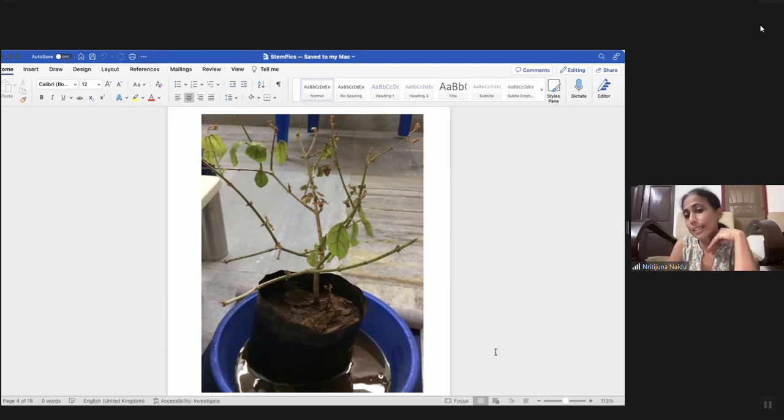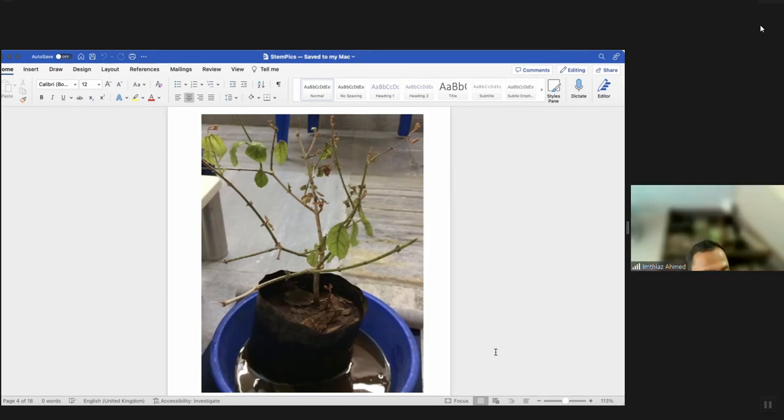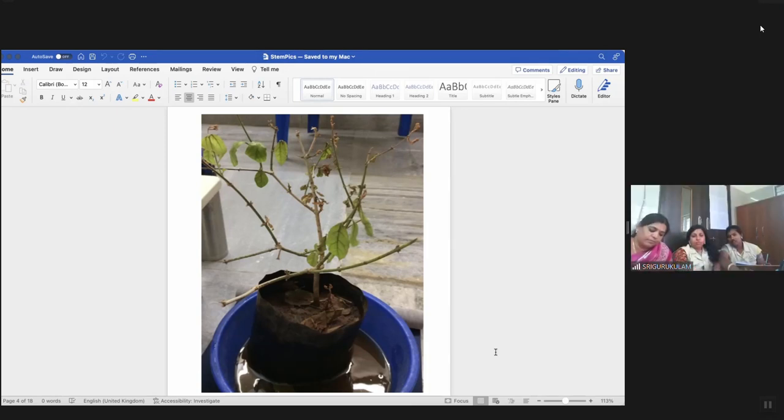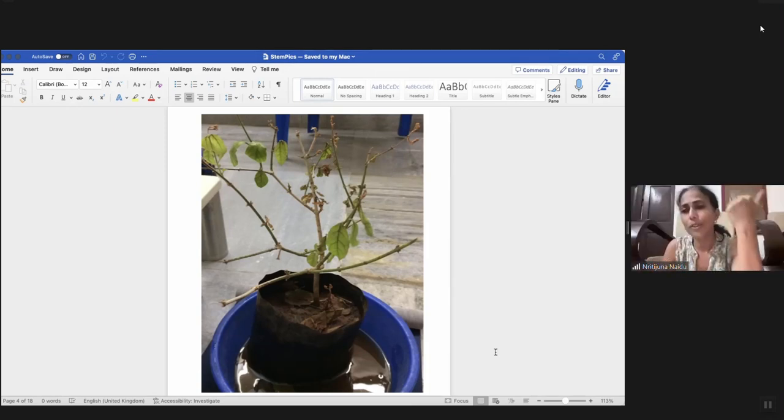Right? There are lots of things that the stem does for the plant. Can you tell us what the stem does for the plant? Takes water to the leaf. It gives a structure to the plant. Structure to the plant, water to the leaves.